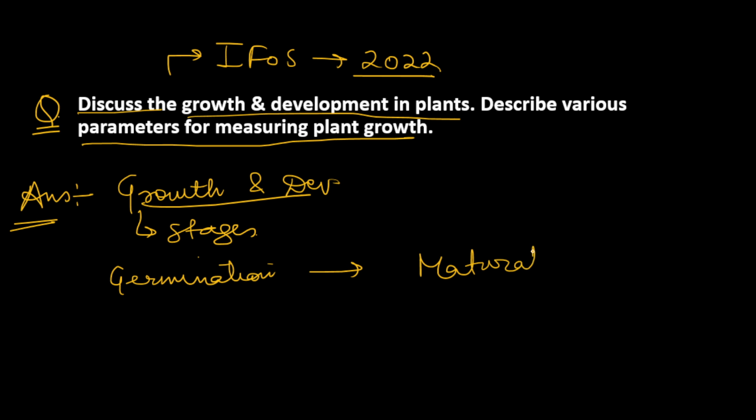So we will discuss a bit of all these periods so that we can know about growth and development. And the first part of the question can be tackled like this, that is discussing the various phases of growth and development.